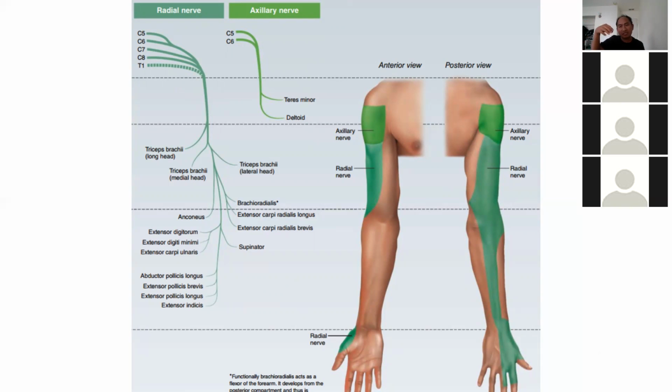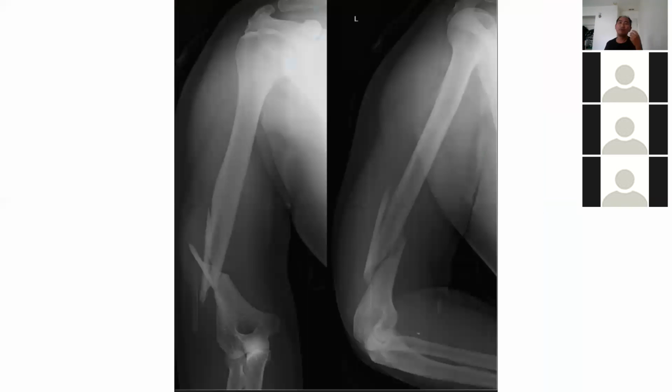Then you ask the patient to cock up the wrist. He cannot do that. You know that he has damaged his radial nerve, because you know the anatomy of the radial nerve, which loops around just posterior to the humerus from medial to lateral. Now the bone spike is pinching this radial nerve.